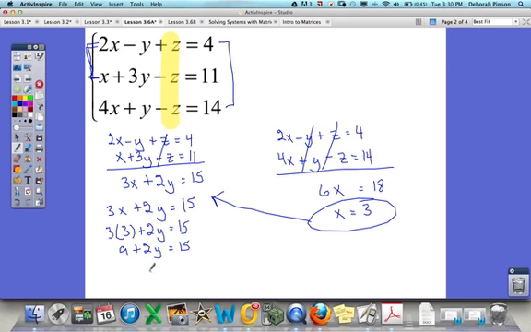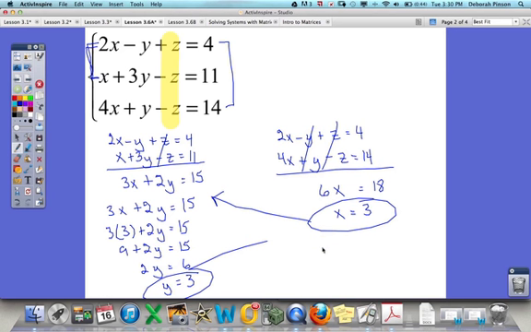Now I'll subtract my 9 over. Y is 3. That's just a coincidence that my y is 3 here, the same as the x.